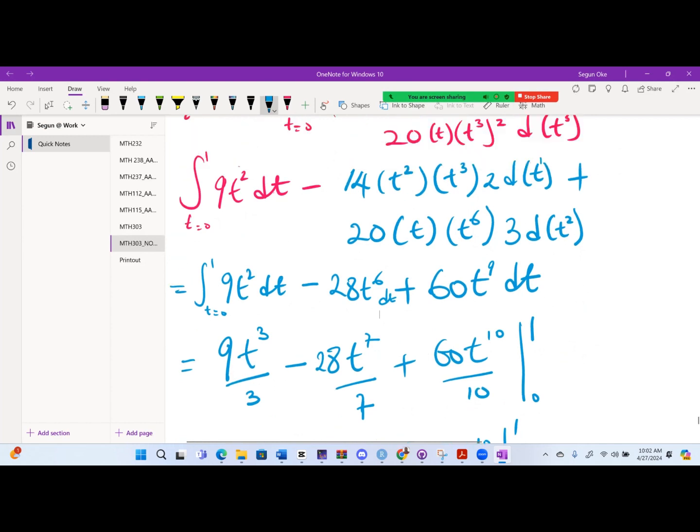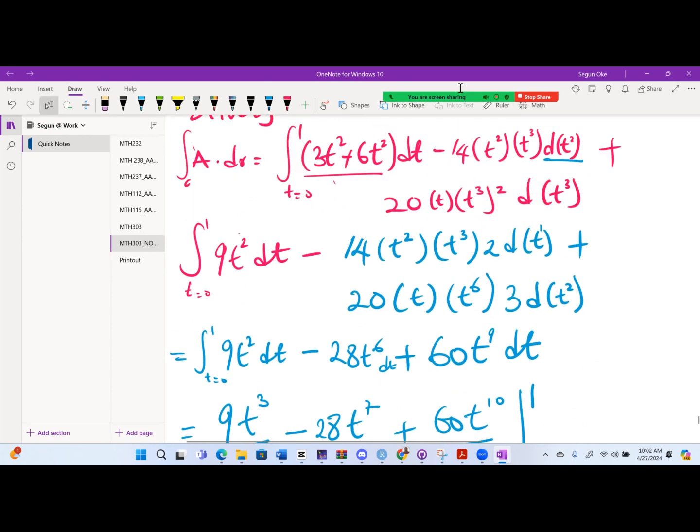If you added that dt again and you still wrote 28 raised to power 6 dt, doesn't it make that line 28 raised to power 7? No. Remember, dt is just a function of the integration. Do you agree with me? Yes, sir. But because we have the extra t, we can call it extra t.